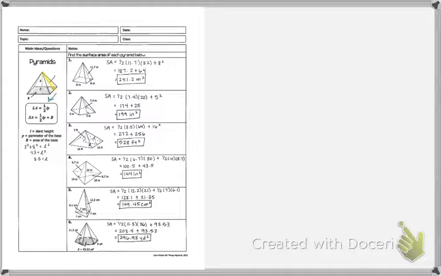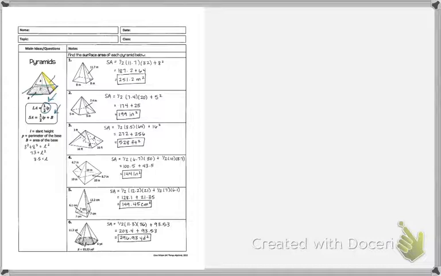Once you get the slant height, you multiply it times the perimeter, that's what P stands for, of the base. As long as you know the sides, you have your perimeter. That is your lateral area. Then you simply find whatever shape the base is, and you get the area of the base.